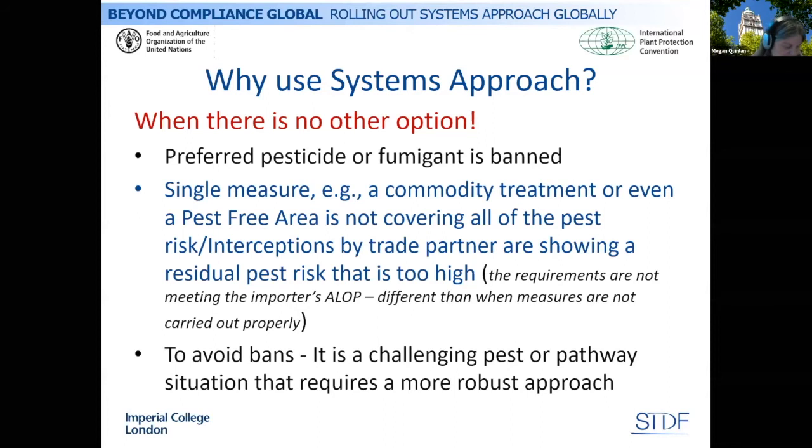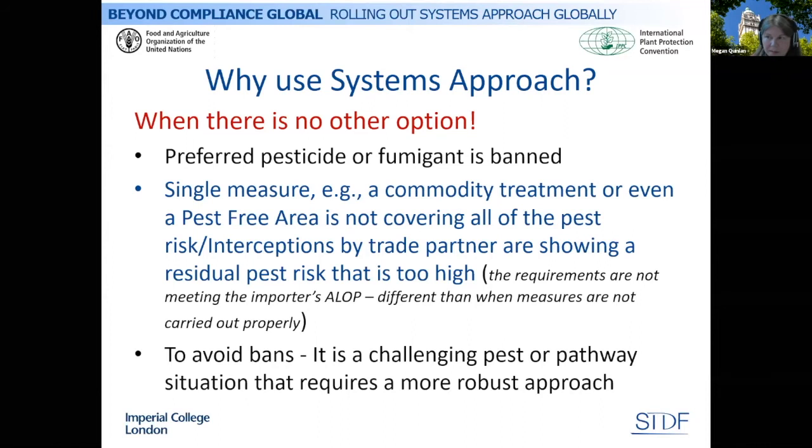And usually it is more effective and faster to come up with a systems approach than to try to create a new treatment like a new pesticide or to change fumigations. The other thing is if there's a single measure that's not working.